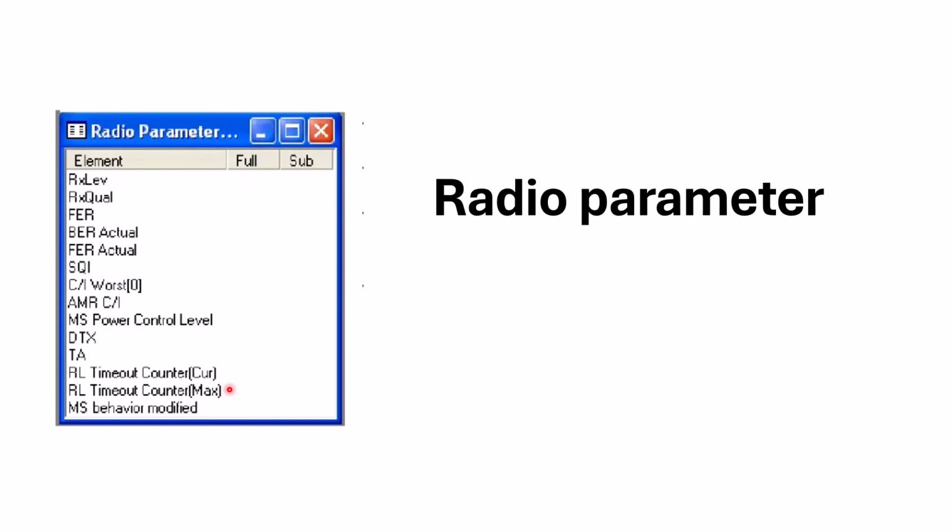The maximum allowed value, 4 to 64 in steps of 4, for radio link failures before forced disconnecting, typically set as 16, 20, 25, something like that. MS behavior modified. The current configuration status of the mobile station showing enabled or disabled features like handover and multi-band reporting capabilities.